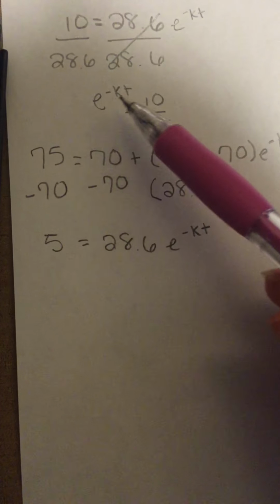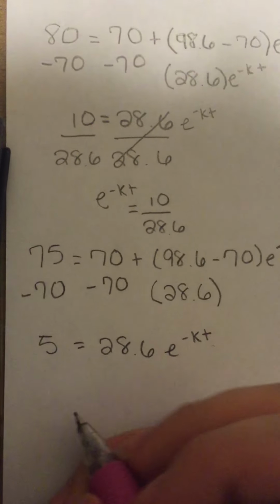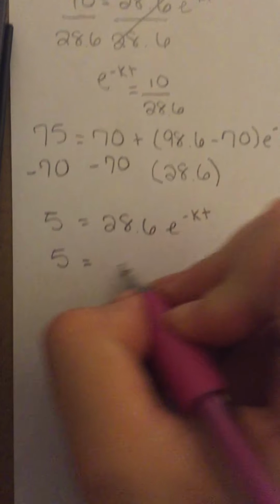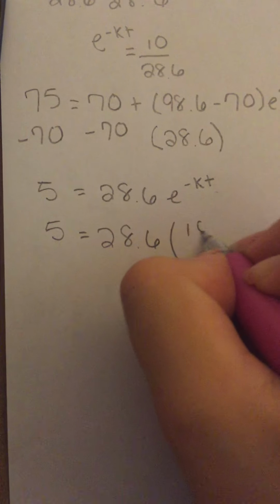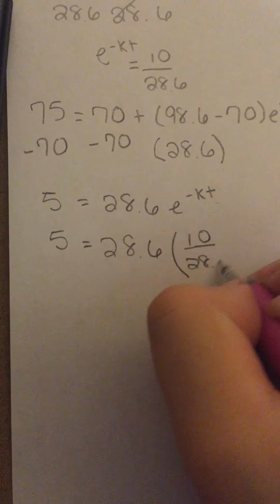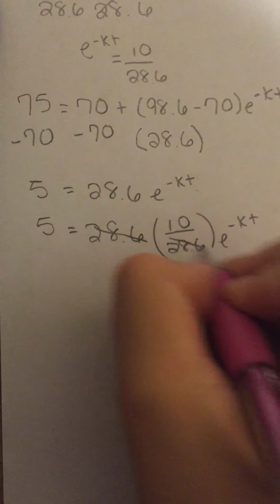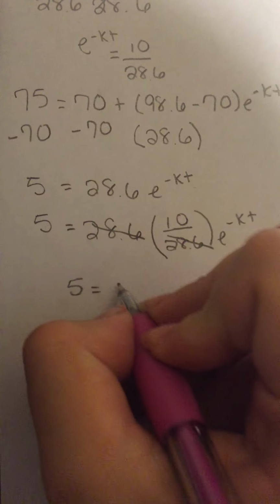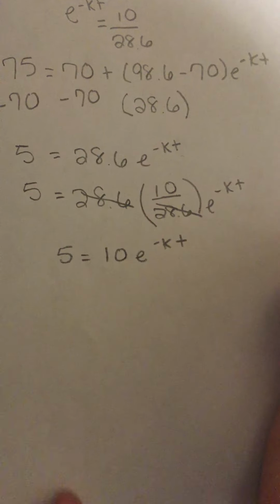I will then replace e to the negative kt with 10 over 28.6. That cancels out, which leaves me with 5 equals 10 e to the negative kt.